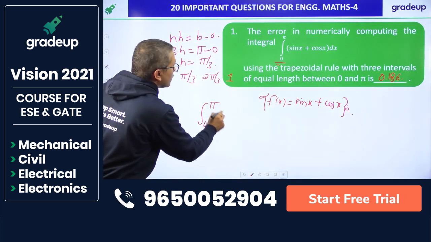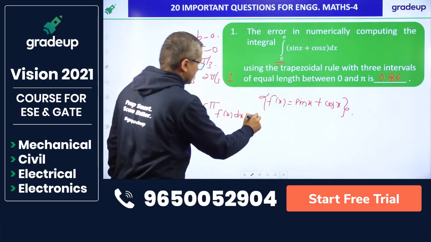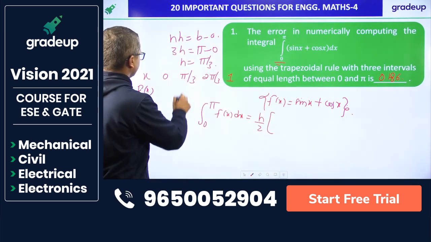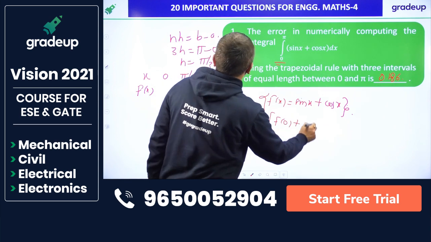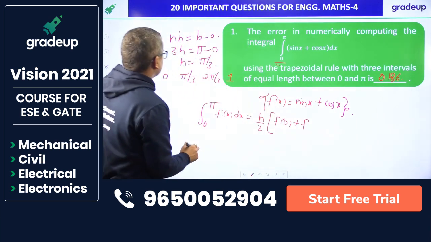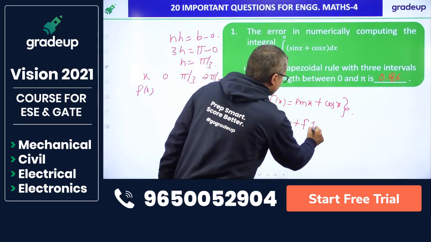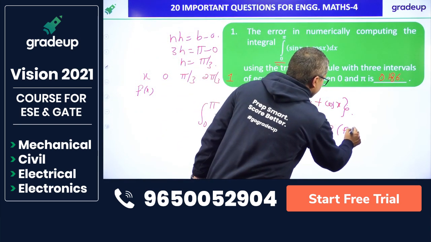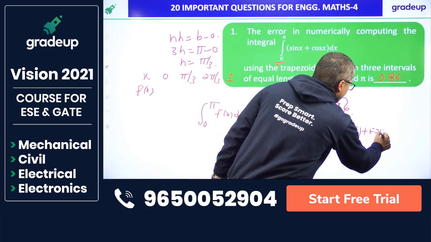The numerical integration of f(x) dx is h upon 2 into f0 plus f3 plus twice of f(pi upon 3) plus f(2 pi upon 3), right?